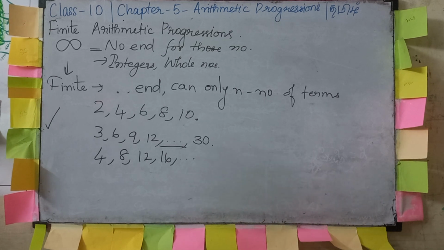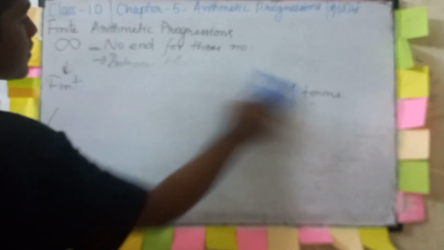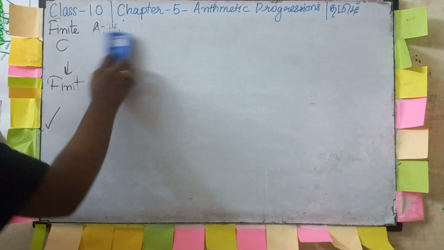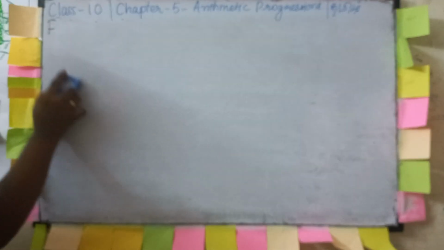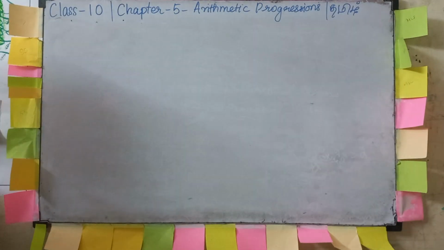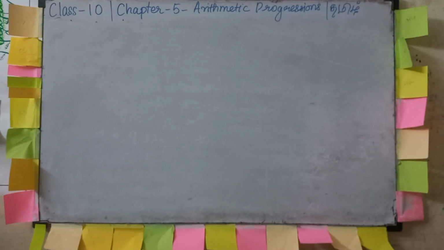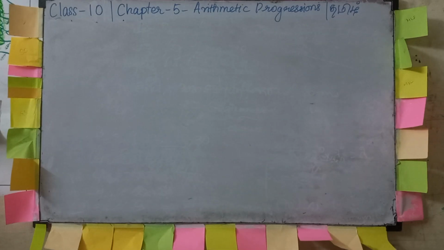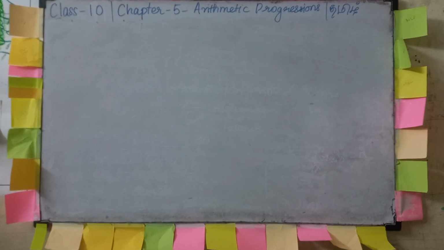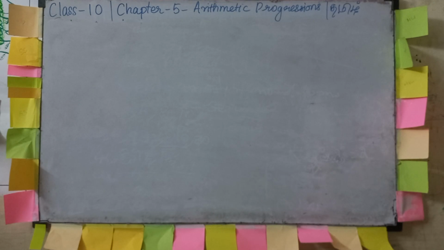In this exercise we are going to find which ones are arithmetic progressions and which are not. 5.1 is easy, so a separate video will be there for 5.1.